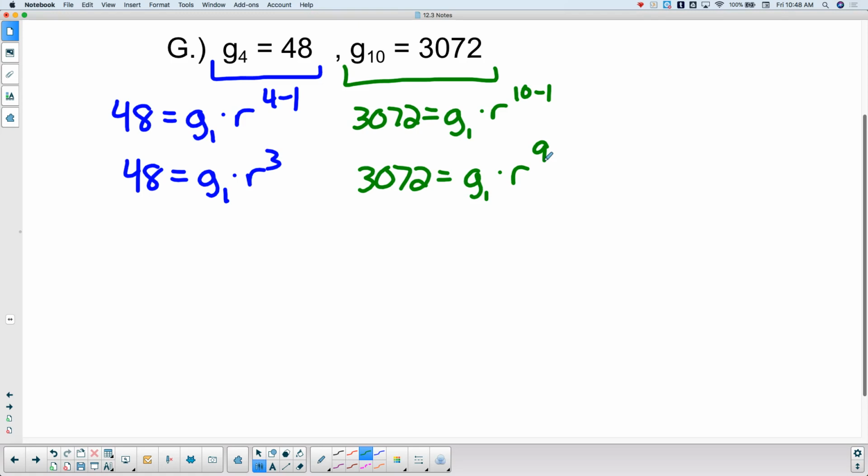Which one do you want to solve for g sub 1? Blue? Agree? Plug in.